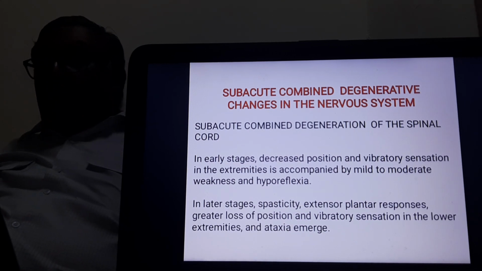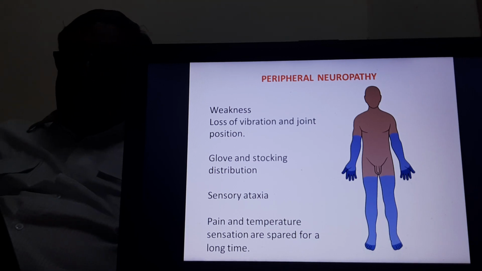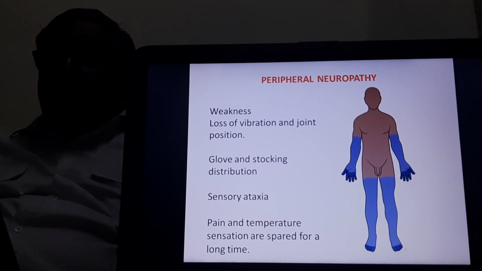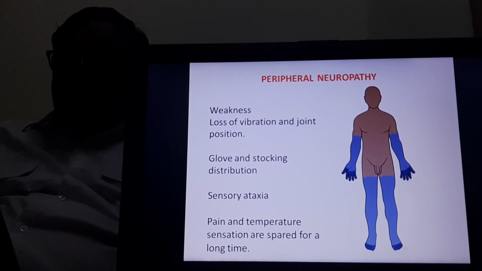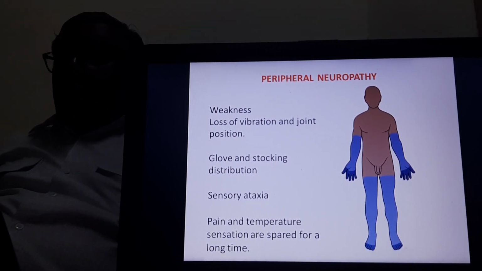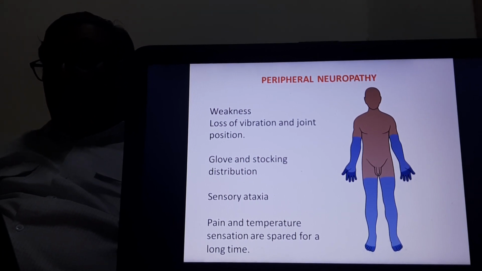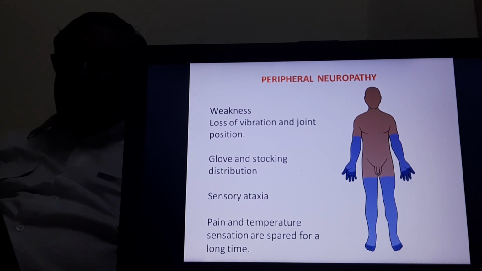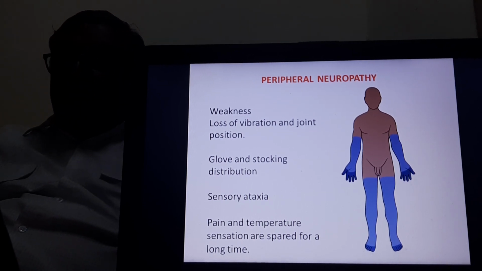In later stages, there is a lot of spasticity, there are extensor plantar responses, and more deficit of the posterior column, so much so that the patient may go into sensory ataxia. There may also be an effect on the myelin in the peripheral nervous system, and there may again be loss of sensation of vibration and joint position, which may assume a glove and stocking distribution. There can be sensory ataxia. Pain and temperature are spared for a longer time, but in later stages they can be affected.